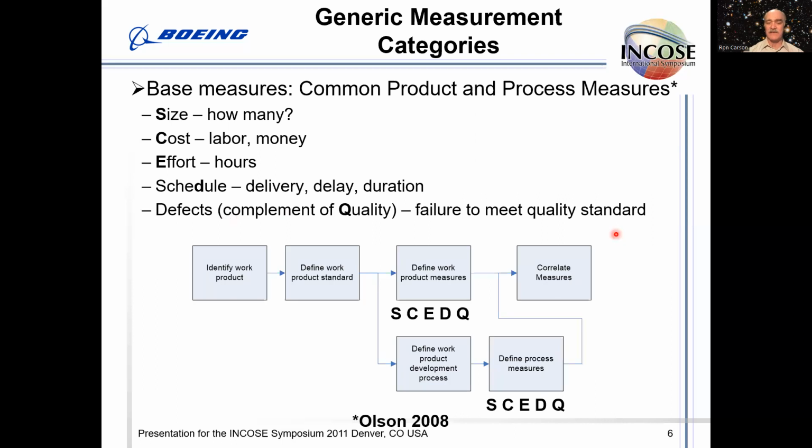And then we can apply this set of 5 elements on the work product measures. So size, cost, effort, schedule, and defects or quality.